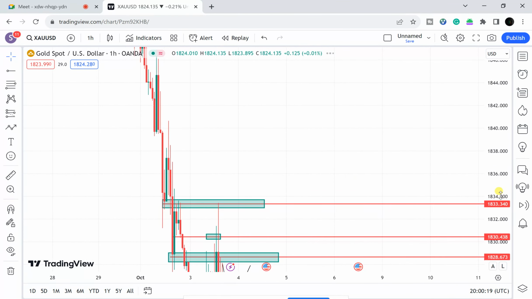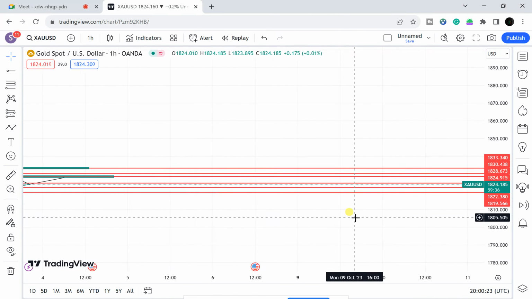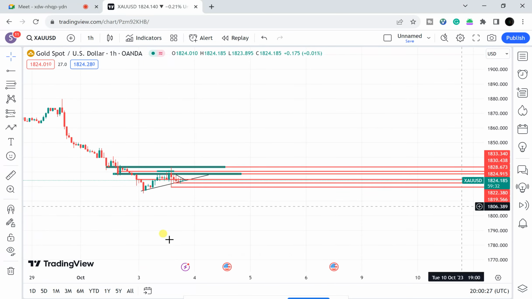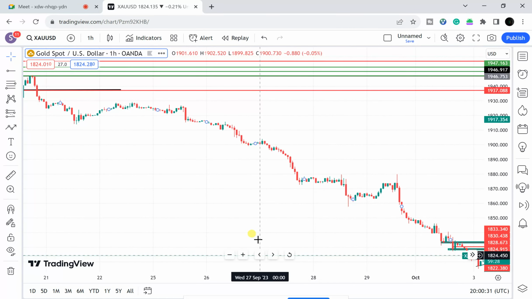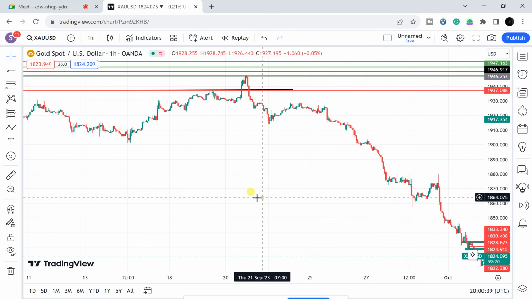Now look at this current market. From what you can see in this market, you agree with me that our liquidity, our area of demand and supply is on the sell side, right?